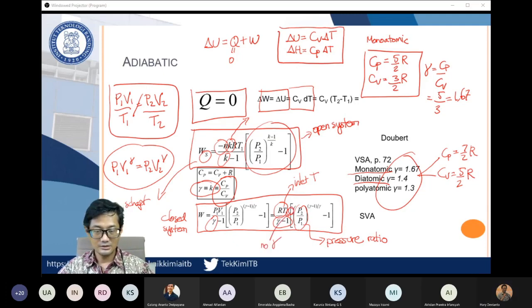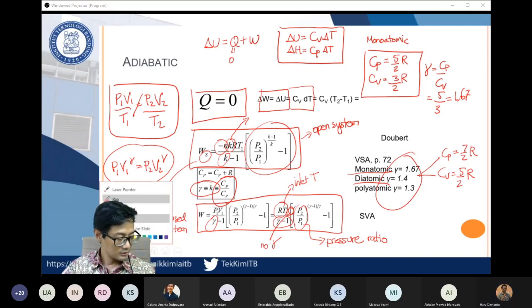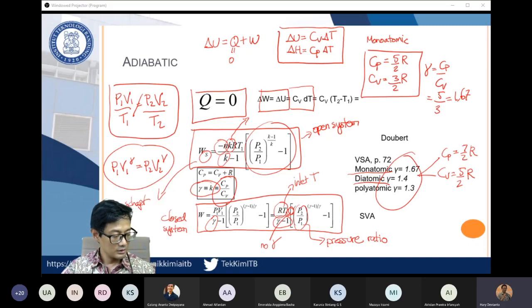Okay. So, in other words, in the ideal case, work in an open system is equal to, something like this: work in an open system is equal to gamma, or K, times work in a closed system.